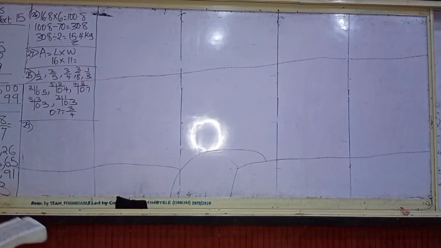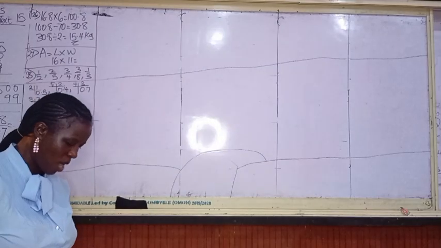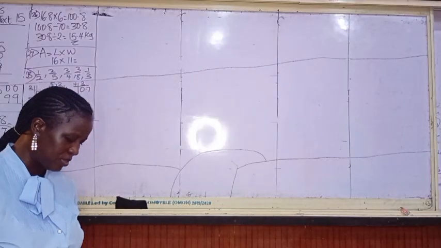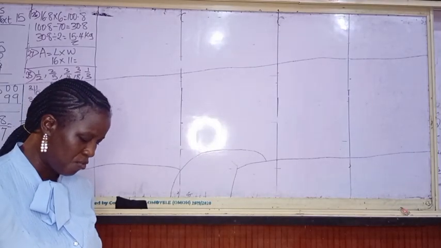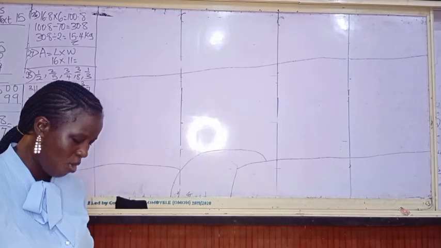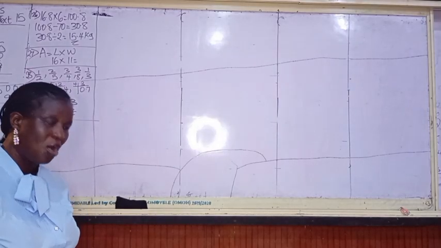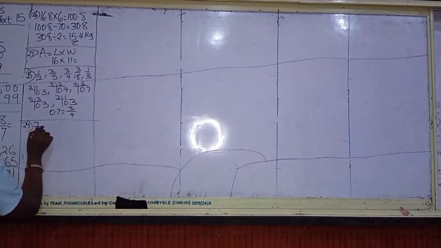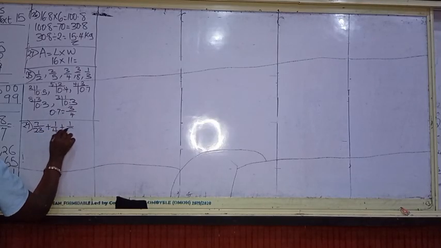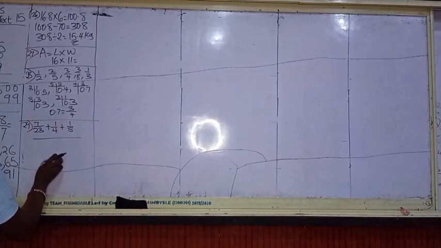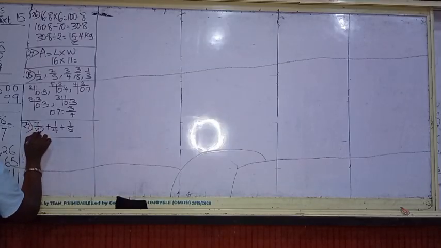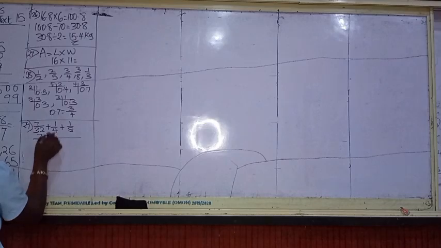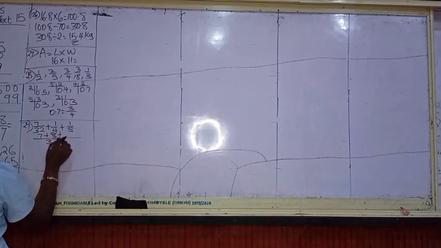Number 29. I spent 1/32 of my income on housing, 1/4 of it on food, and 1/8 on transport. What fraction of my income did I have left? All those fractions, let's add together and take away from 1. So we have 1/32 plus 1/4 plus 1/8. When we find the LCM here, that would be 32. So that is 1 plus 8 plus 4.